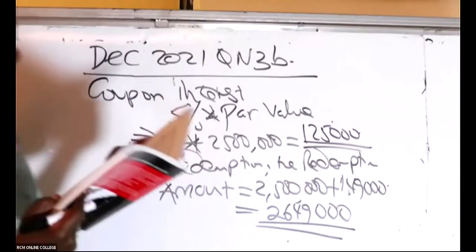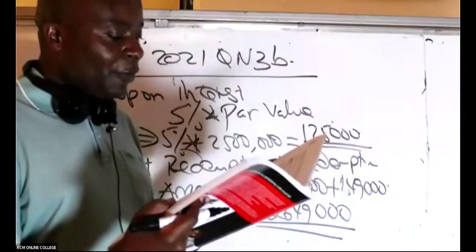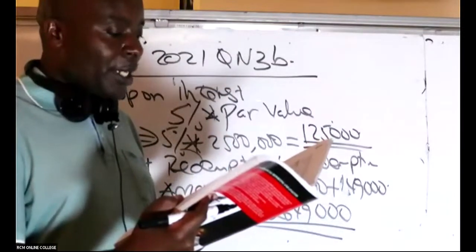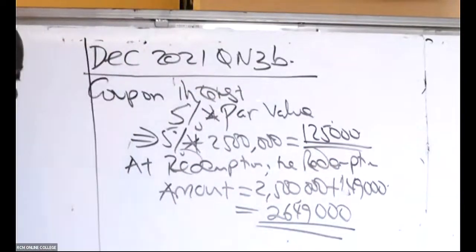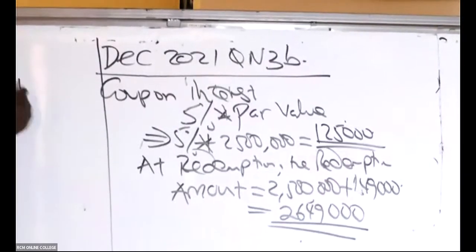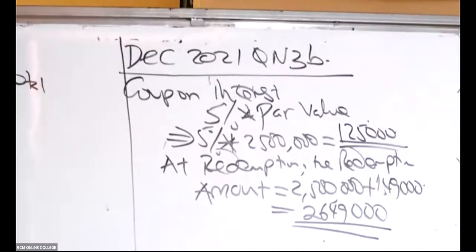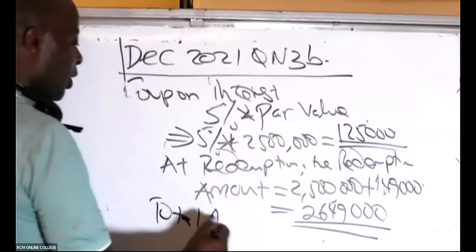Then we went ahead. The purchase consideration was 2,375,000, and the company incurred 50,000 transaction cost. So can you give me the total amount invested?